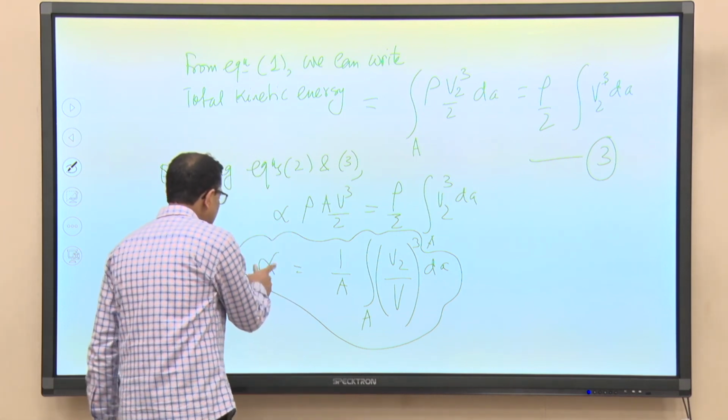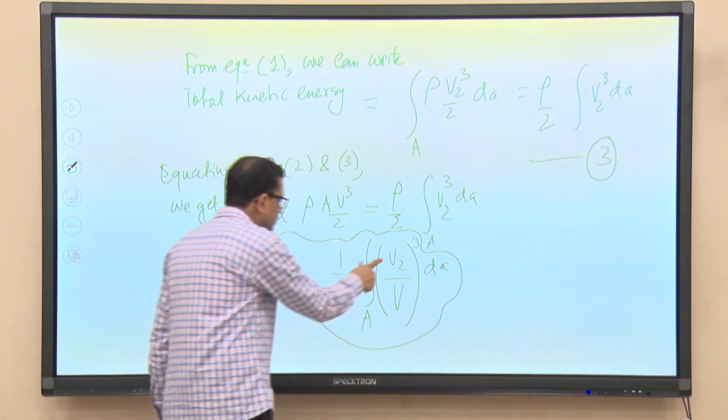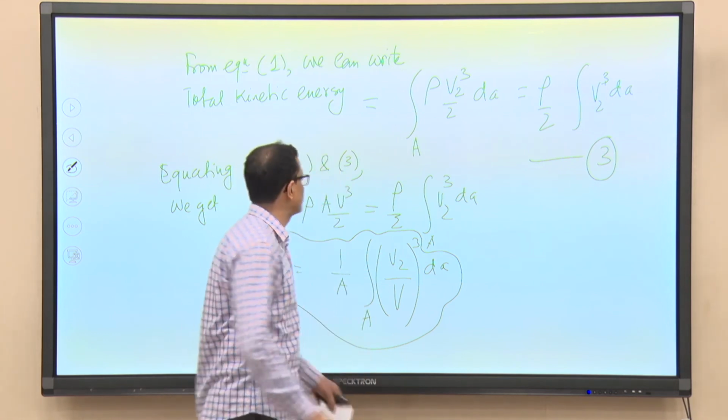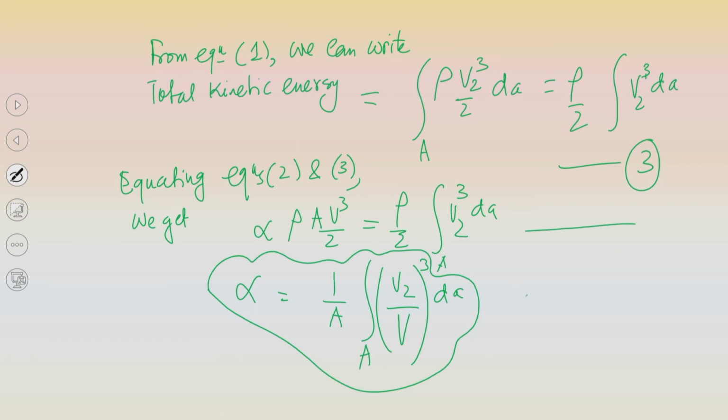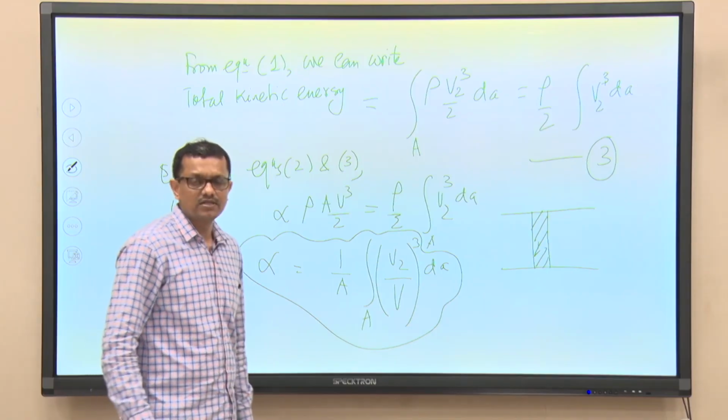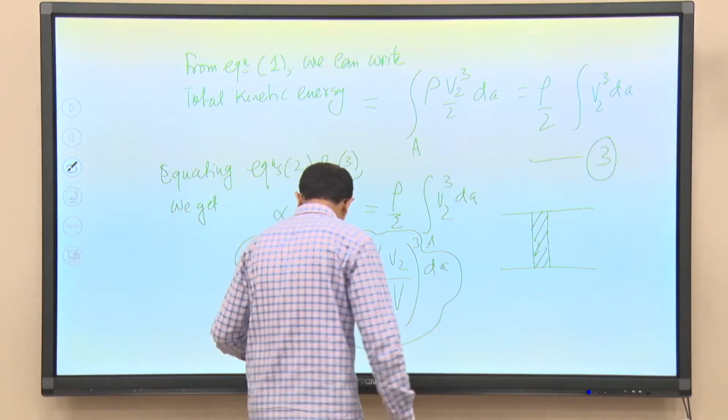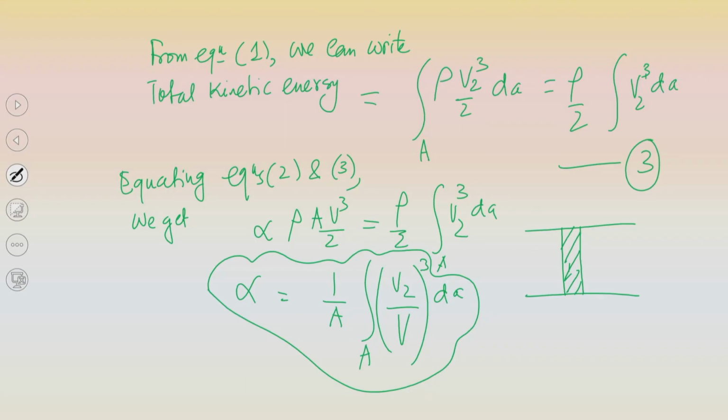So, what we can see is that the kinetic energy correction factor depends on the velocity distribution at that particular section. If we go back to the pipe and take this particular cross section, the value of alpha will depend on the velocity distribution at that cross section, and it is also dependent on the viscous shear.